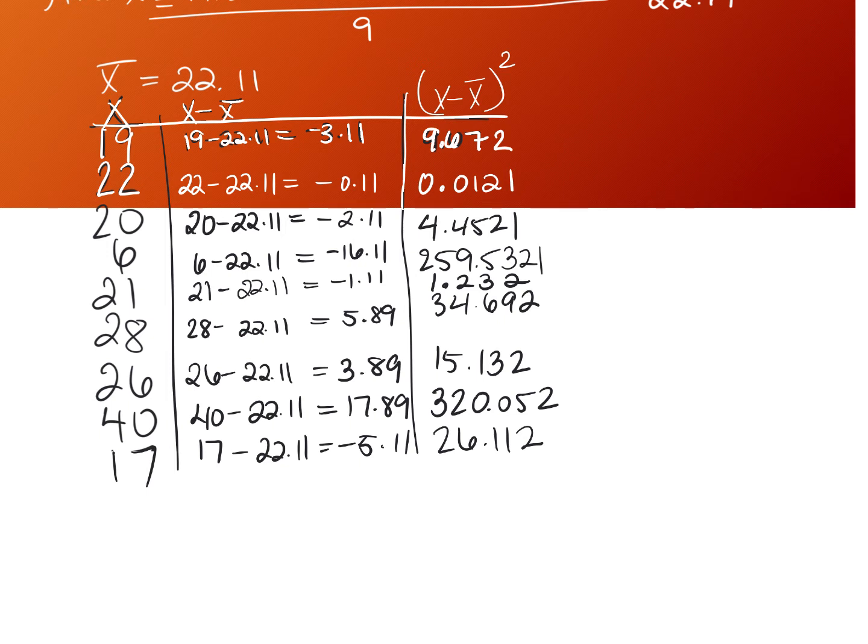So we're going to add these up and divide by n minus 1. It's complicated as to why we do. Okay? So let's add this up and find the sum, or sigma. Remember, sigma means sum. So let's add them up.